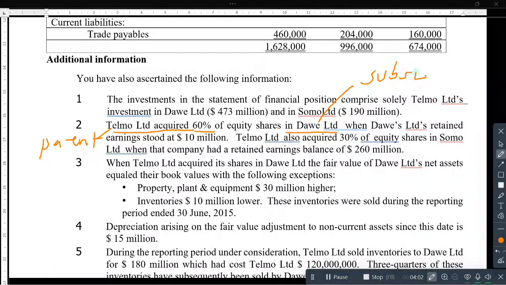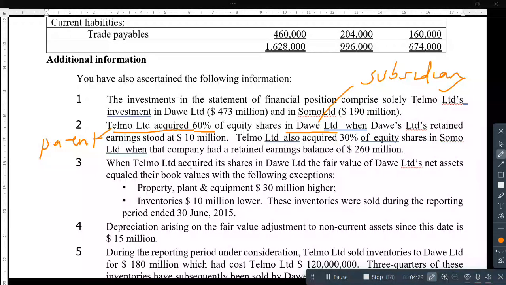Why is it like that? Because Teremo is acquiring more than 50%. Don't forget, I told you when a company is acquiring shares in another company more than 50%, from 50 to 100, it qualifies to be a parent, and the acquired company qualifies to be a subsidiary. Where it is acquiring less than 50%, then it becomes an associate.